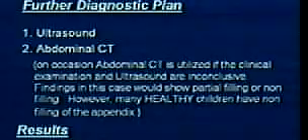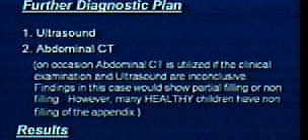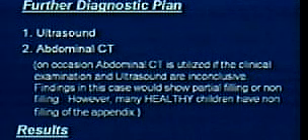Now, on occasion, if the clinical exam is equivocal, on occasion, if the ultrasound is not helpful, your next step would be the CAT scan of the abdomen. All right? So the CAT scan should not be your first choice on the examination or even in your clinical practice. Why?